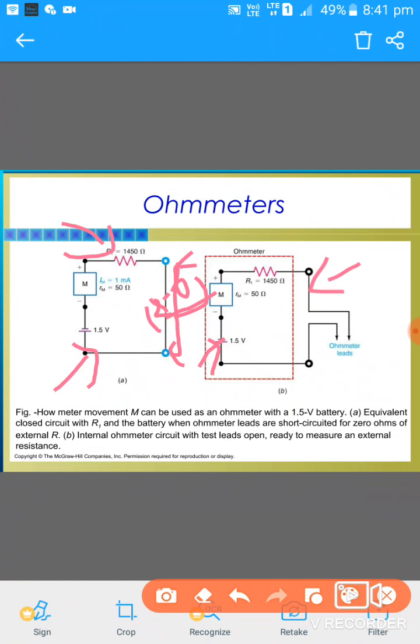In circuit B, this is the internal ohm meter circuit with the test leads open, ready to measure an external resistance. In circuit A, R1 is connected across the zero resistance, and in circuit B, the resistance is connected in an open test lead circuit.